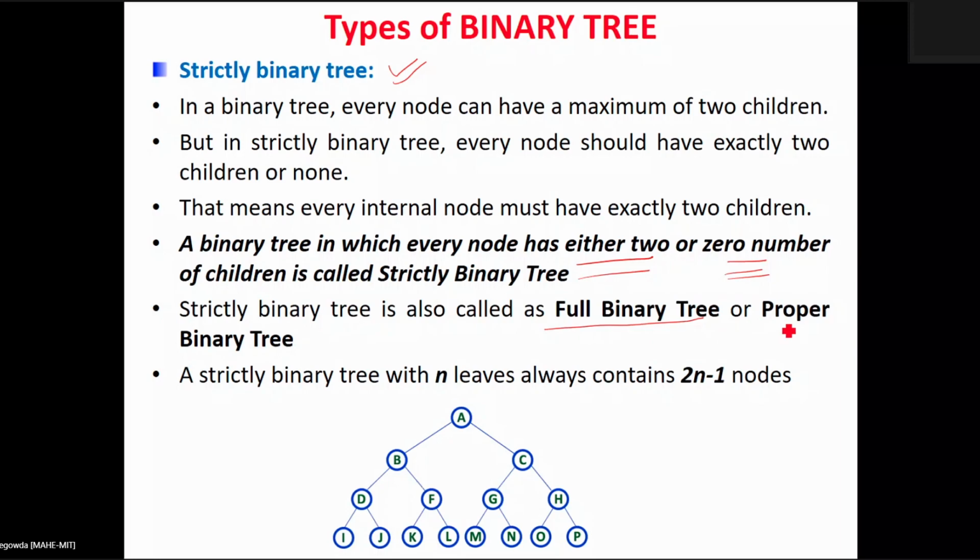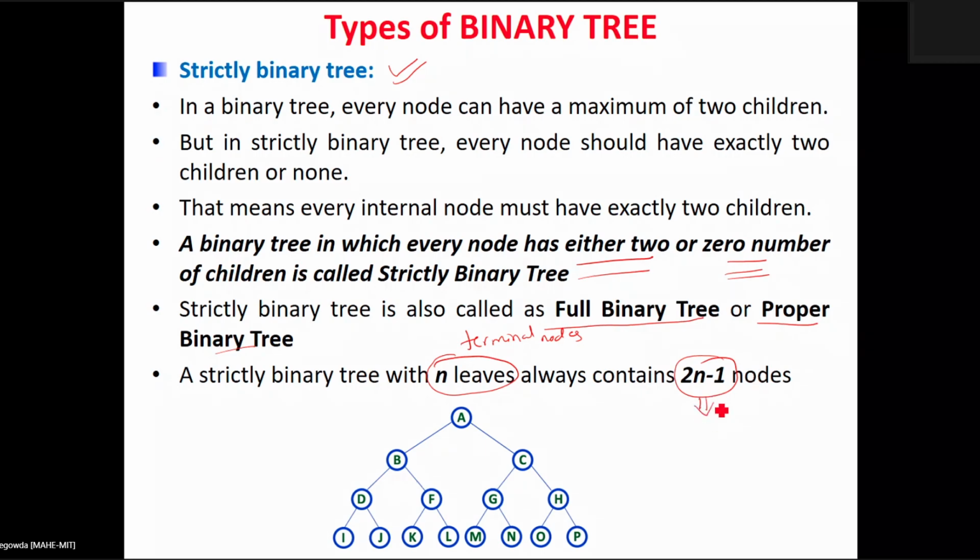This is one of the properties of the strictly binary tree: in a given strictly binary tree, if there are n leaves, meaning terminal nodes, it always contains 2n minus 1 nodes. That is, the total number of nodes in the given tree is calculated using this relation.